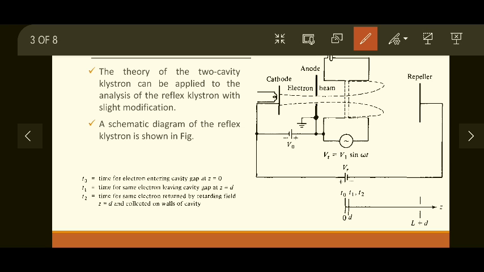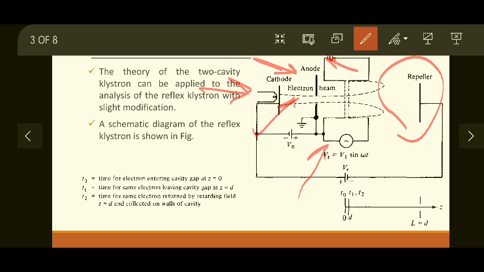Now these are the common things that we have seen in the previous klystron. These are the cathode, anode, this is the electron beam, this is the microwave input, and here we are getting an output. Now this part is slightly different. In the two cavity klystron or multi cavity klystron, we had the klystron working as an amplifier.